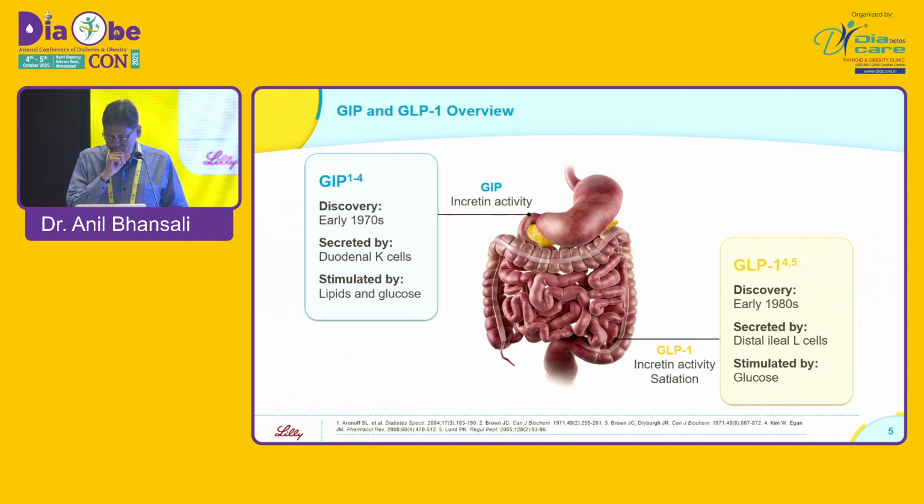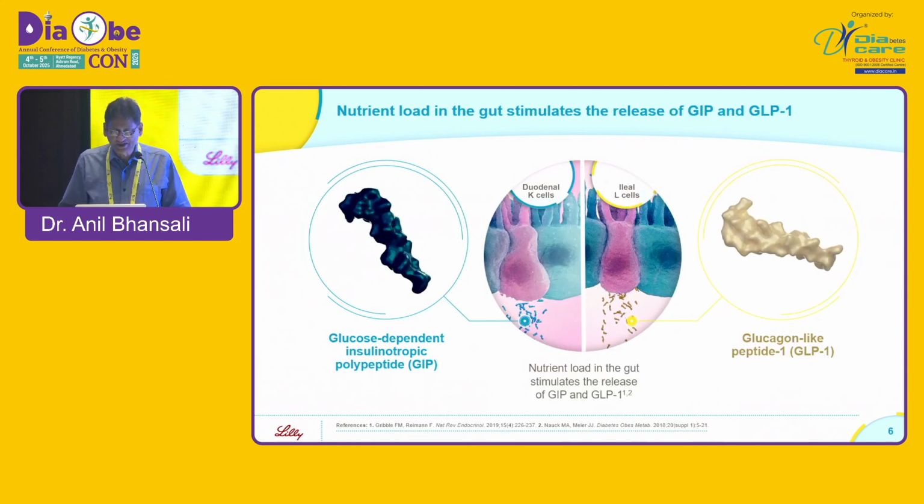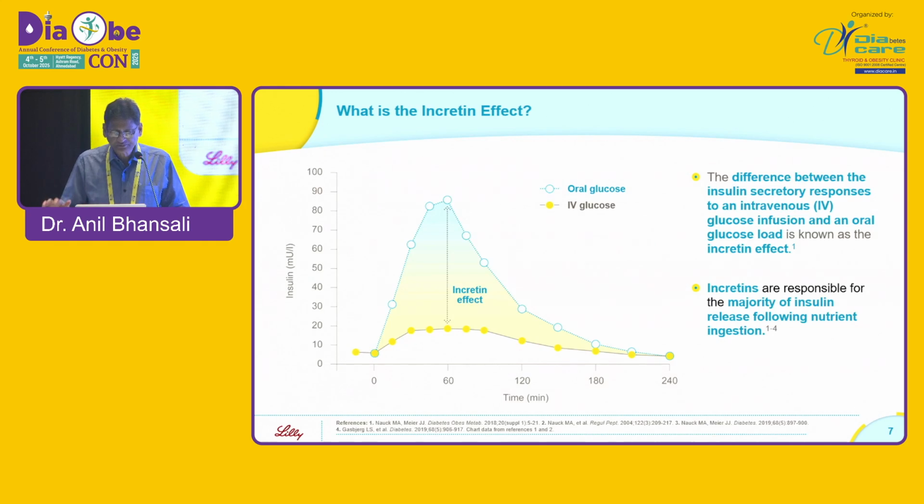So the difference between GIP and GLP-1, the nutrient response in the gut for the GIP is free fatty acids and glucose both, and free fatty acid is more predominant than glucose, while for the GLP-1 it is glucose. When these are released, you can see the K cells and L cells in the small intestine epithelial cells, and these are released and come into circulation and stimulate the beta cells of the pancreas and lead to release of insulin.